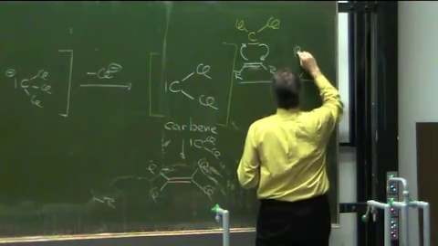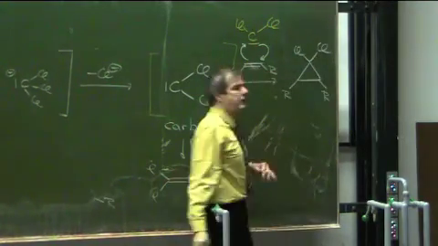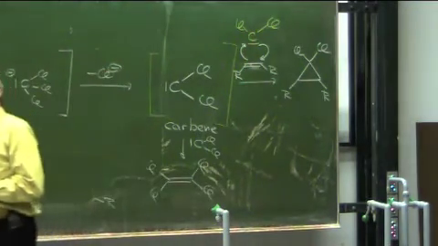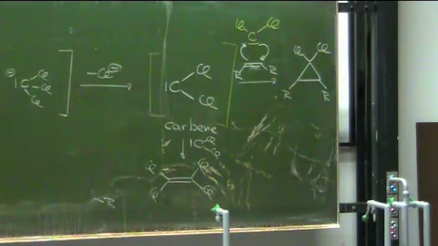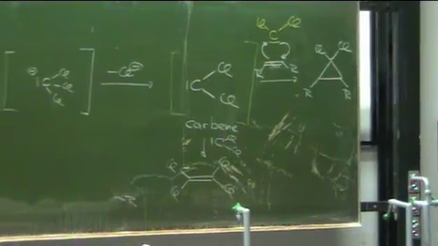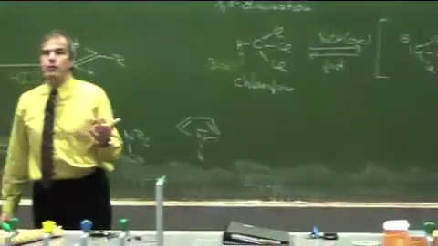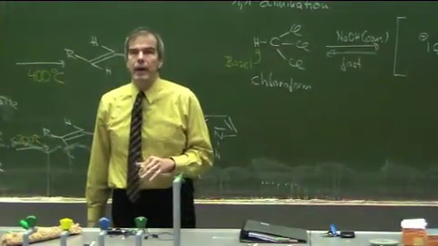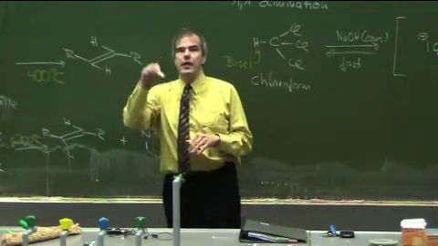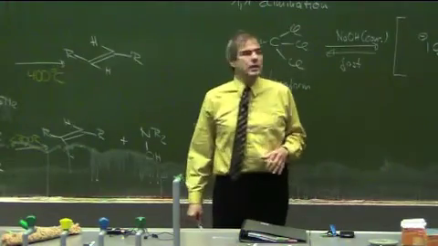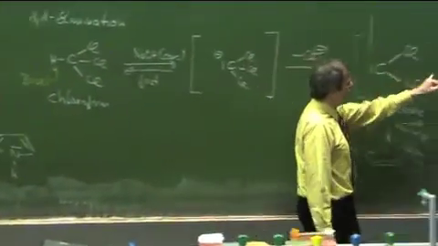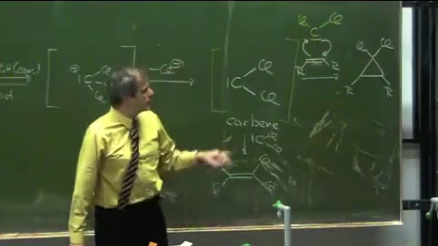And this way, what you're forming is a cyclopropane. And so carbene additions to alkenes to form cyclopropanes is a very important reaction. There are many famous drugs which have cyclopropyl moieties in it. Ciprofloxacin, the famous antibiotic, for example, has a 3-membered ring, and there are many, many more. So this type of reaction is very important.